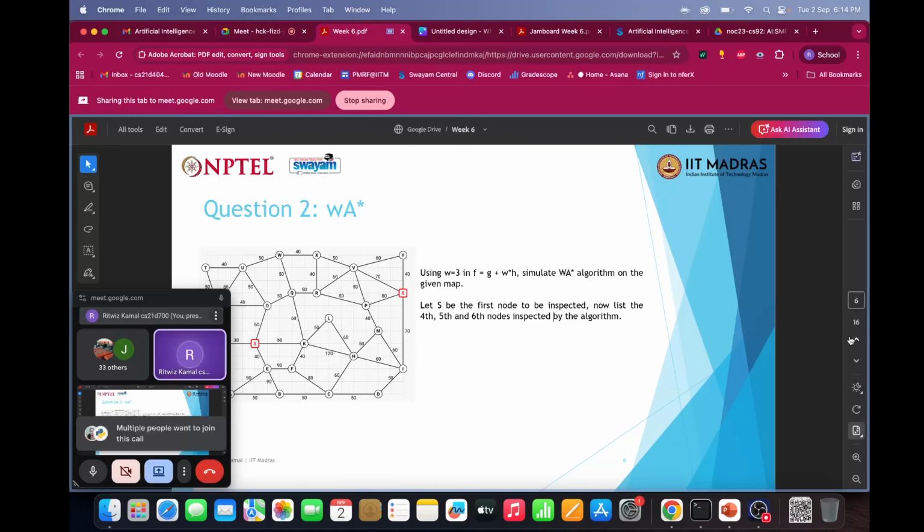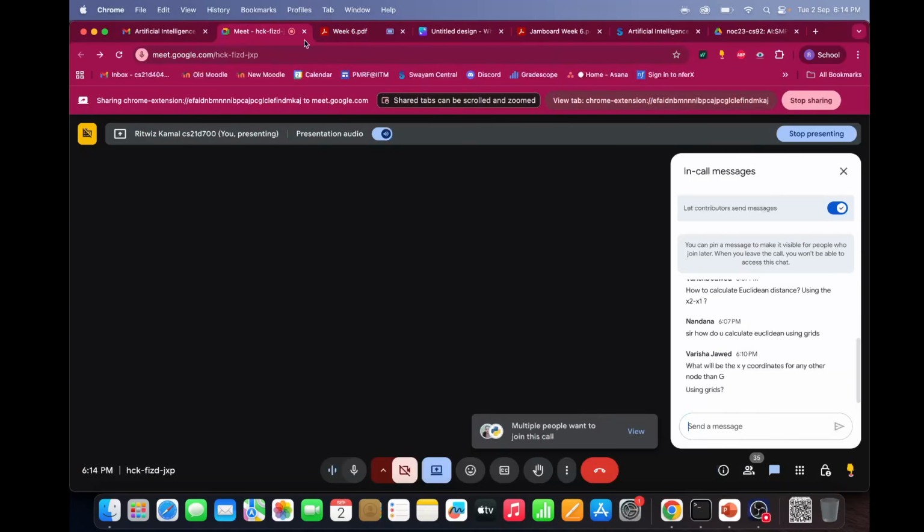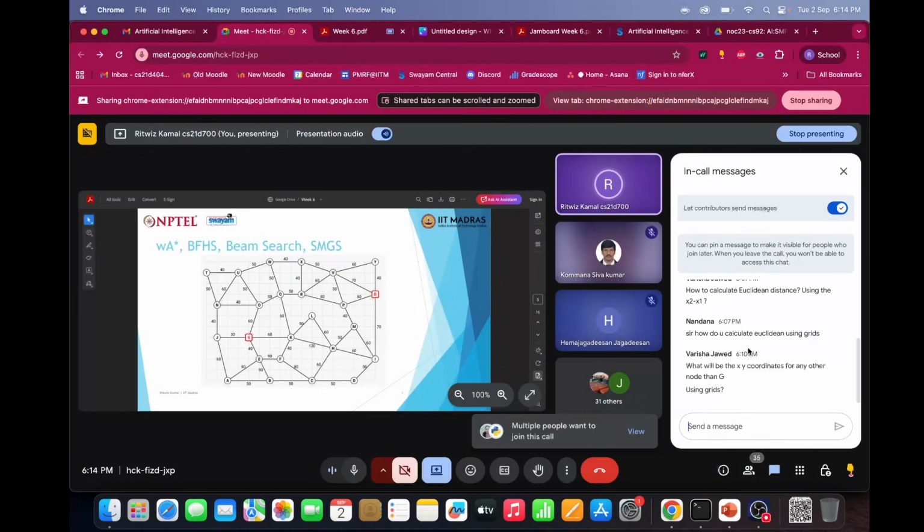I will go back to this image where you can see the graph more clearly. I'll wait for a couple of minutes so that you can attempt to form the WA star search tree, and then we can discuss the solution. In the meantime, please feel free to share your answers.